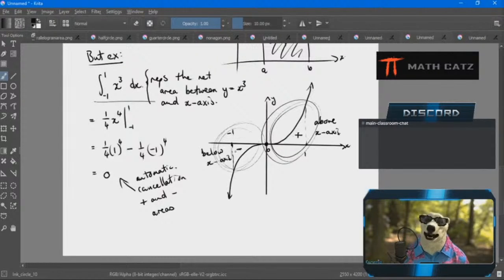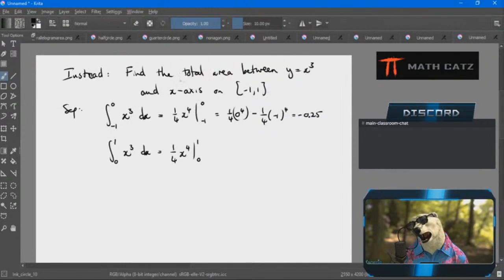The negative, because I know what the graph looks like, negative makes sense. That simply means the position of the area. It doesn't change the size of that little area, that little wedge type shape. The negative just indicates the position. And if I now want to calculate the total area, I need to just separate position from actual size.